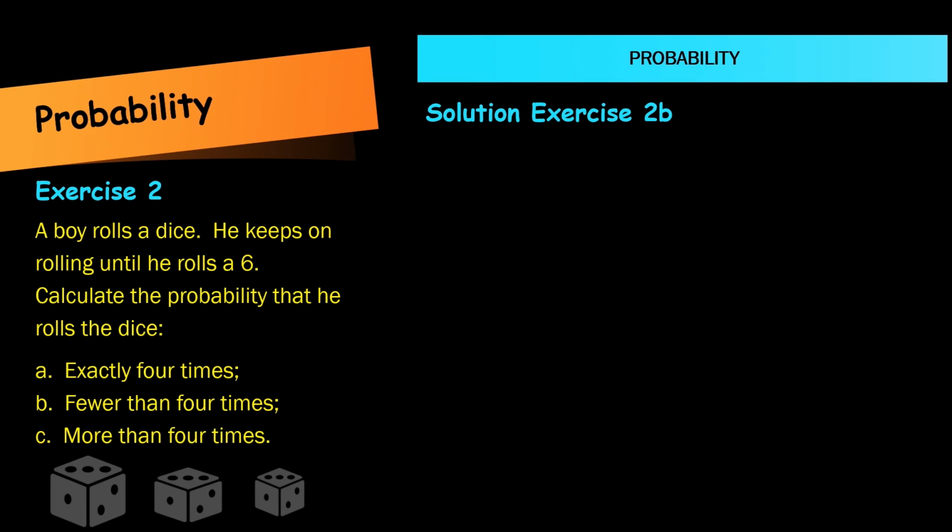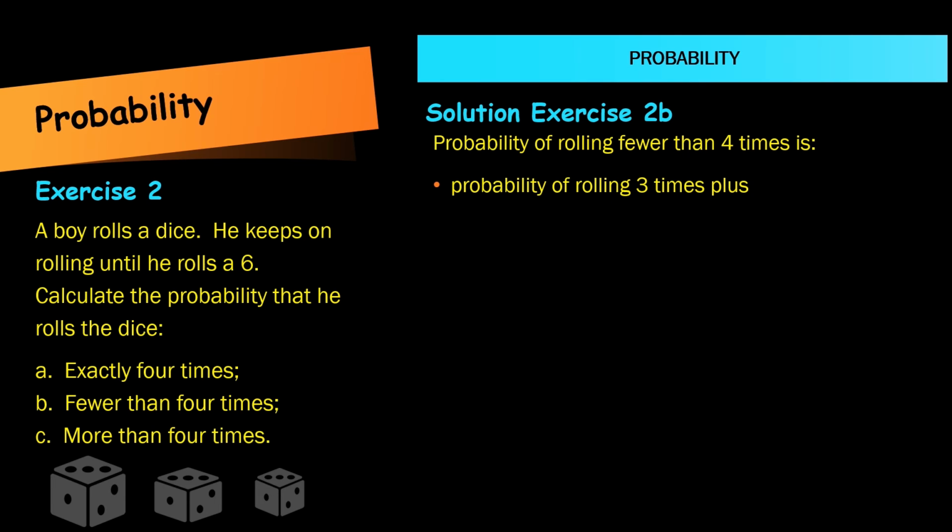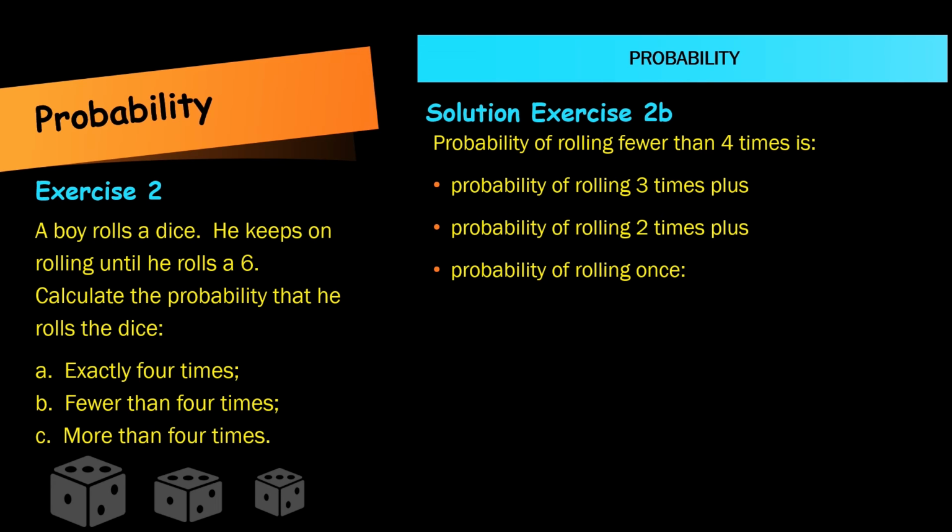And now for part B. We are required to calculate the probability that the boy rolls the dice fewer than 4 times. The probability of rolling fewer than 4 times is the probability of rolling 3 times plus the probability of rolling 2 times plus the probability of rolling once.